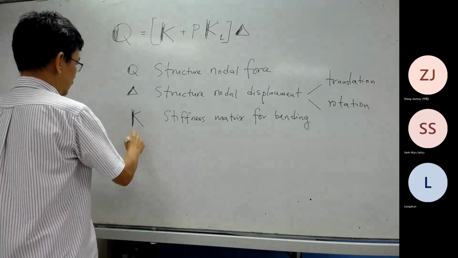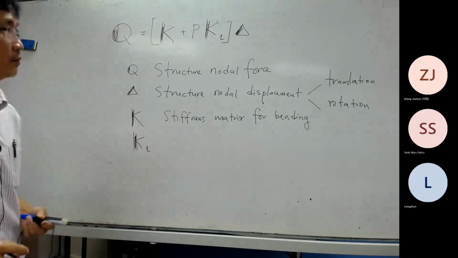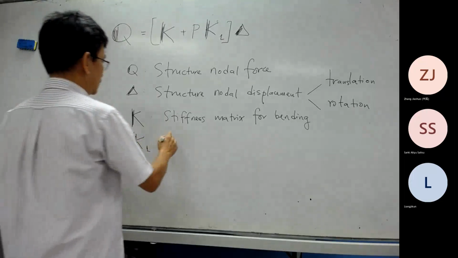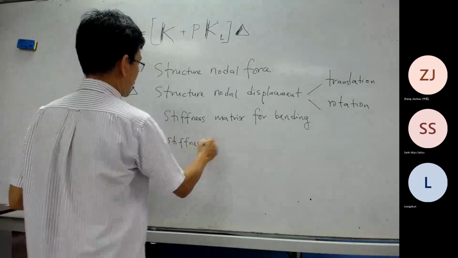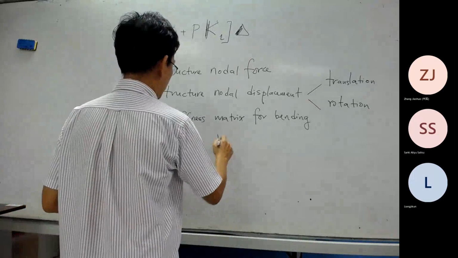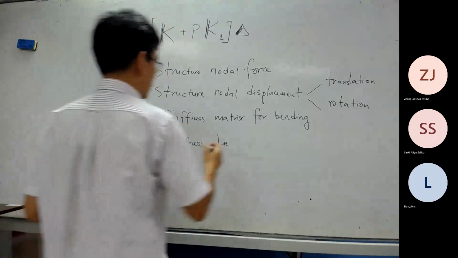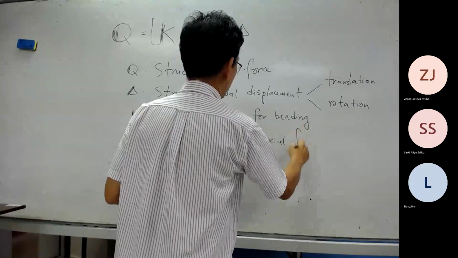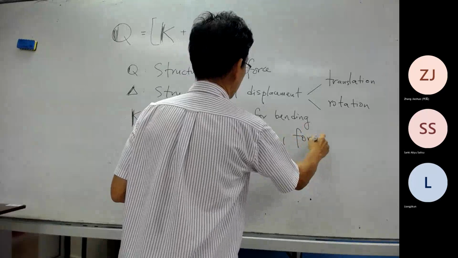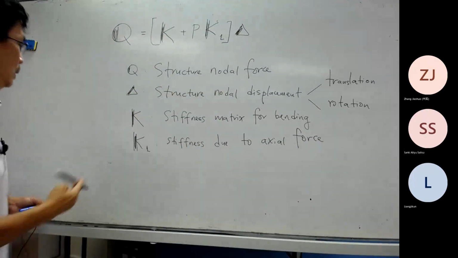And the one that we need extra to consider the effect of axial force is the stiffness matrix K1.